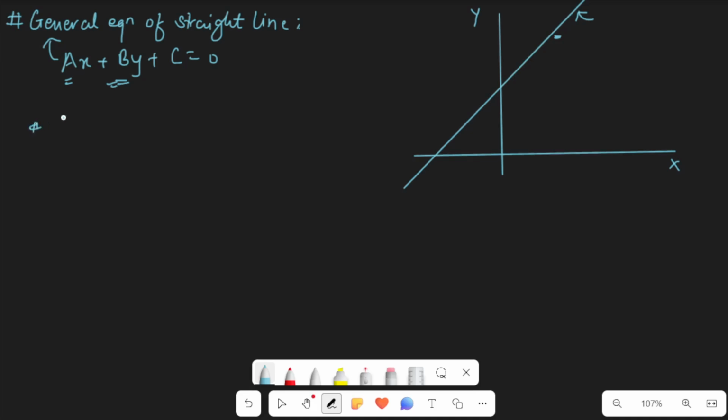Okay, let's consider these equations. These two have the same form, so they also represent a straight line. Now, this also represents a straight line.